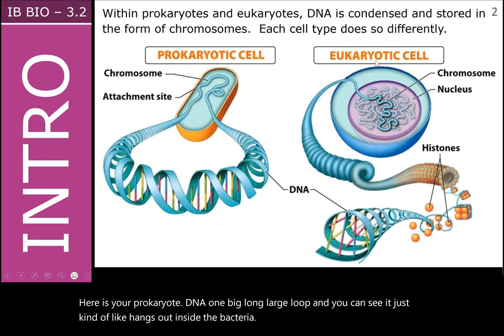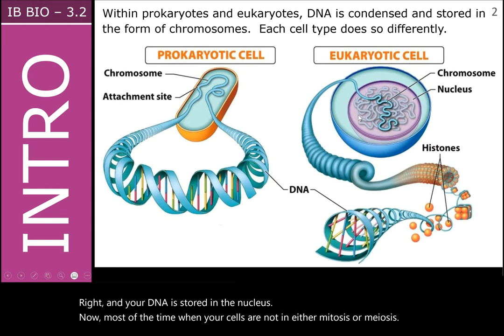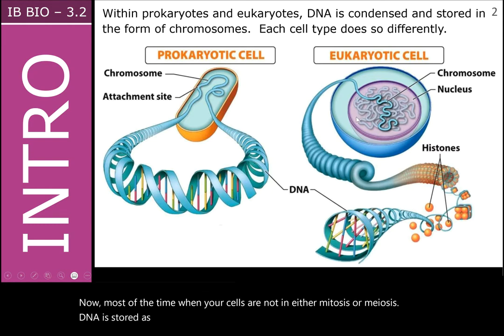However, a eukaryotic cell, like your cells, you have a nucleus, right? And your DNA is stored in the nucleus. Now, most of the time when your cells are not in either mitosis or meiosis, DNA is stored as a long, loose thread of chromatin.